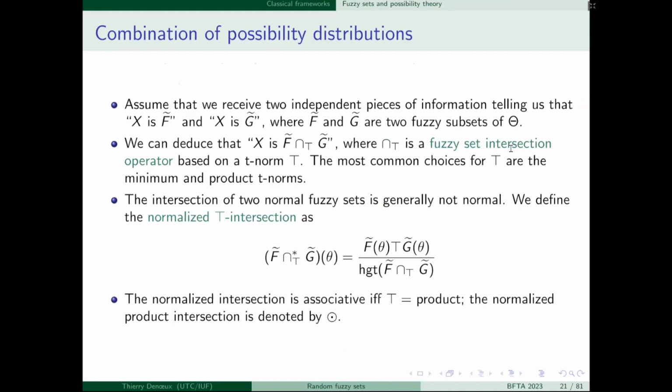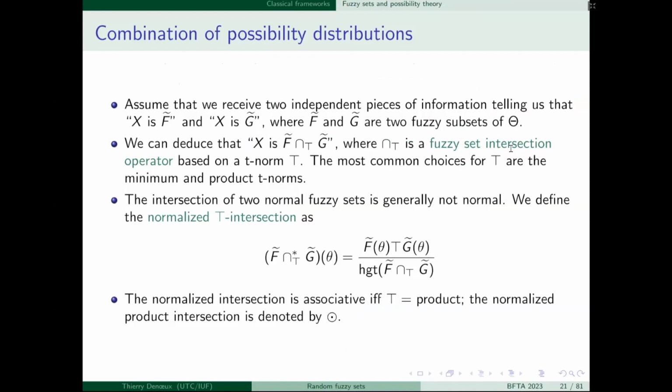So we divide this not normal fuzzy set, we divide each value by the height, and so we get something like this. Here, this intersection has been normalized, so we just divide the intersection by the height, and we get a new operation, the normalized intersection.